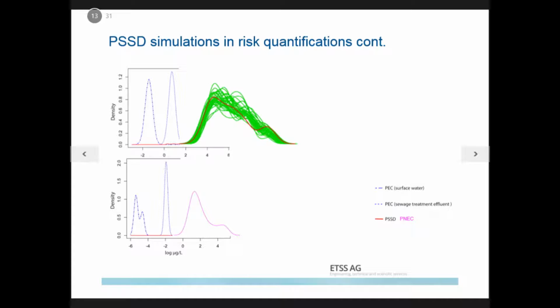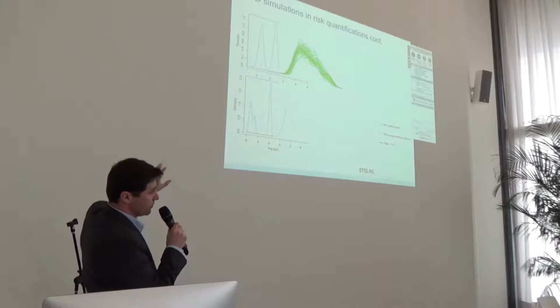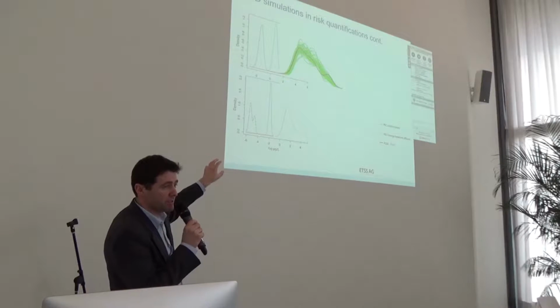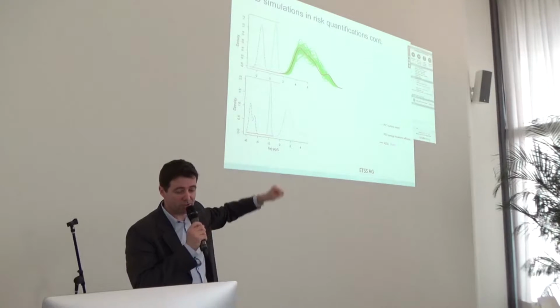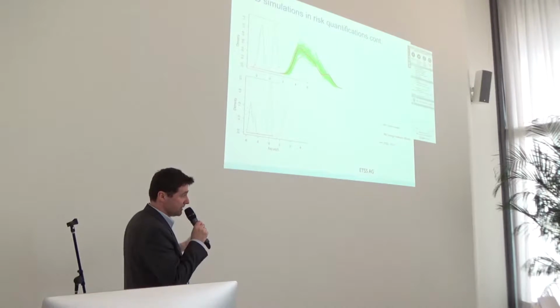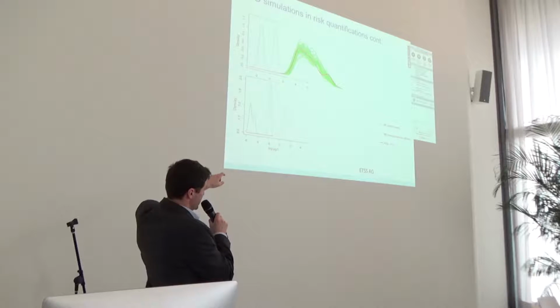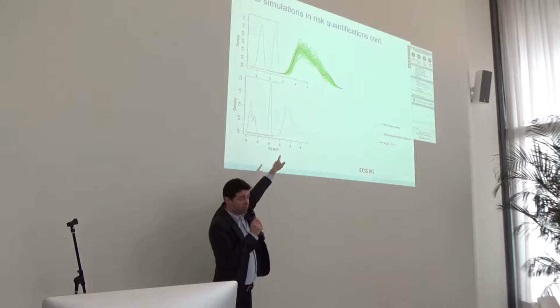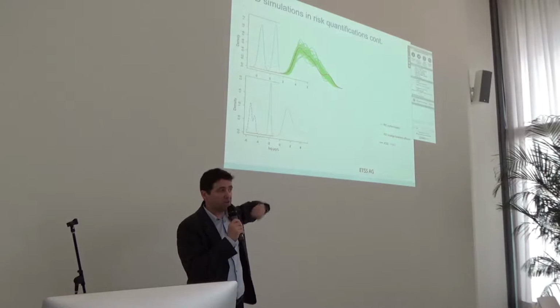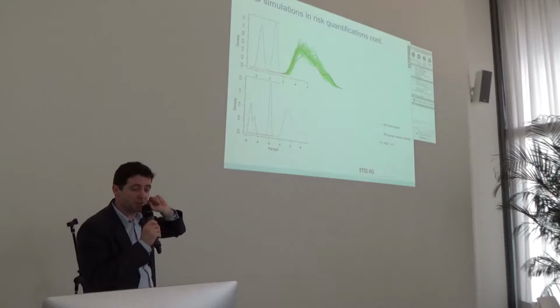Green is perhaps not the best color because it is not green, but just to illustrate the range. And then you can compute the number of scenarios that are critical and compare these critical scenarios to non-critical scenarios. And also, in my eyes, for the first time you could then compare your exposure to the PNEC curve instead of to one single curve.